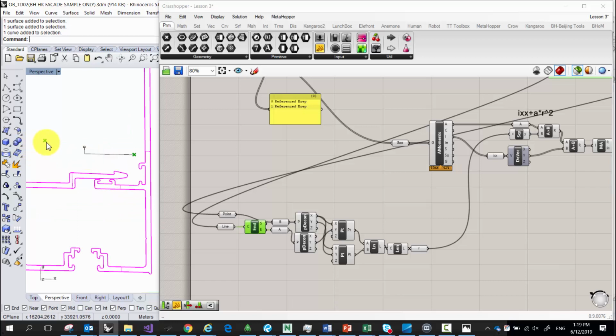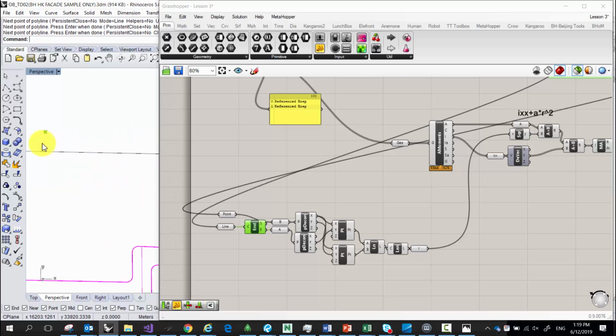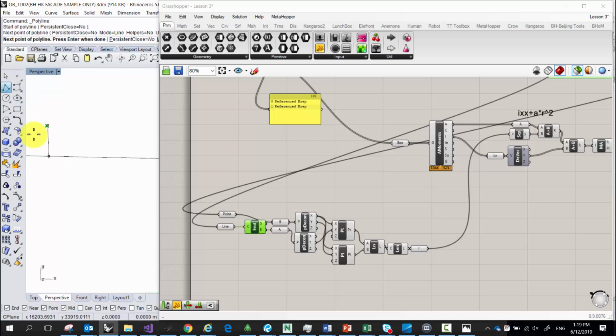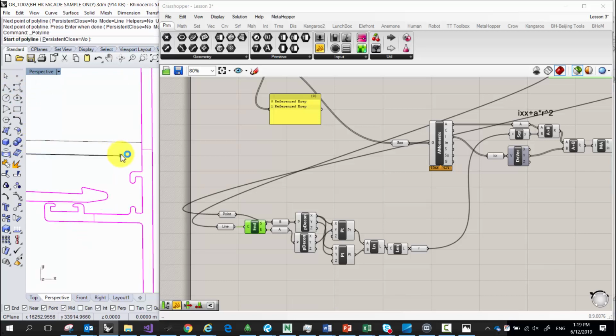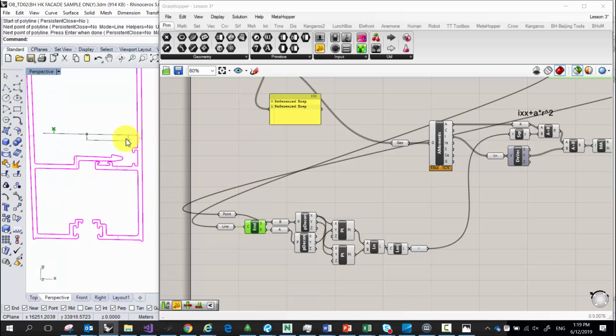Each one of these points, if I just draw a line off of this horizontal axis here, we have to determine its distance from here to here and from here to here. So we need to be thinking about each one of those points themselves, right?